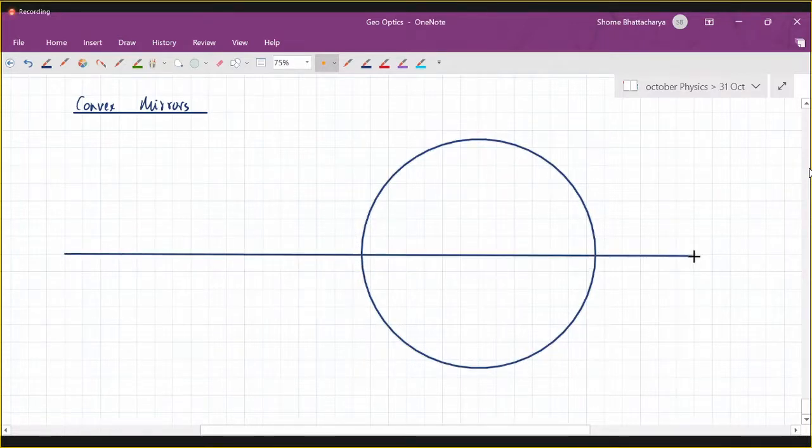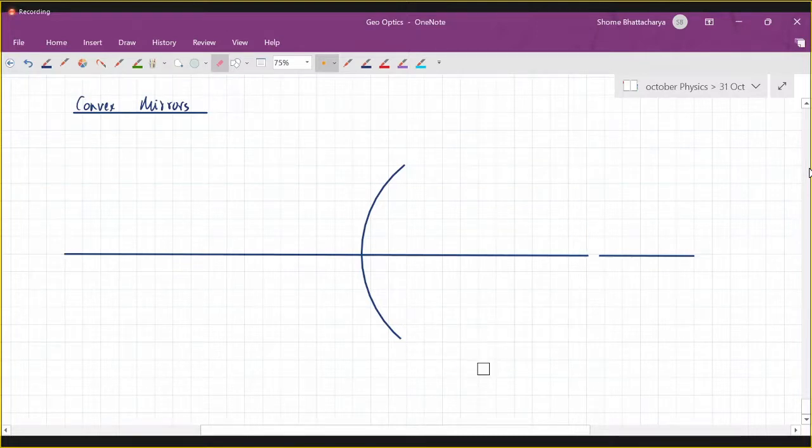We don't have to switch the formulae for the different types of mirrors. So convex mirror means that we have silvered it from the inside, and the outer convex surface is the reflecting surface.